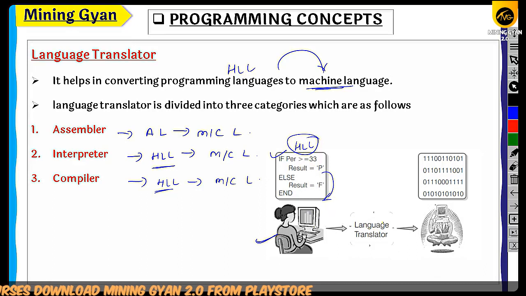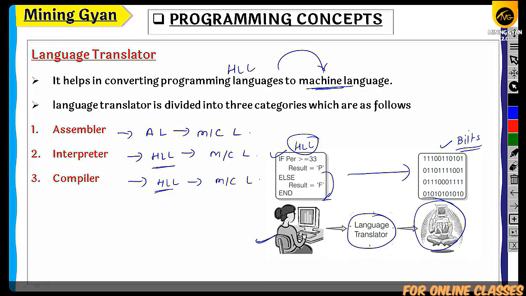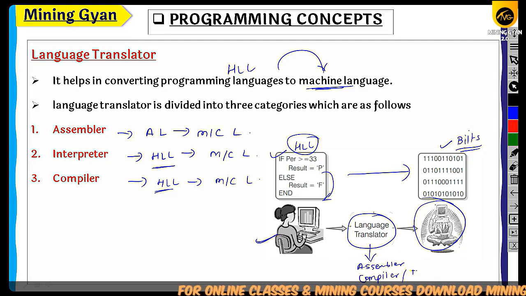That's why there is a language translator which can convert these codes into bits, which is the 0 and 1 form, so it can be read or executed by the CPU or machine. These language translators are the assembler, compiler, or interpreter.